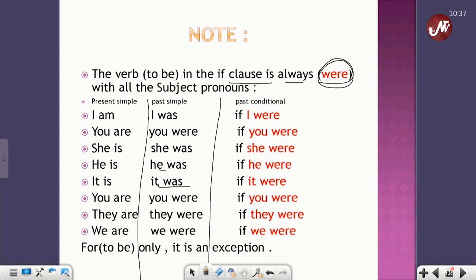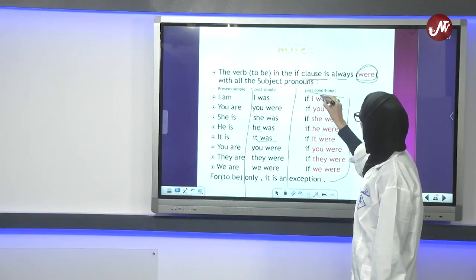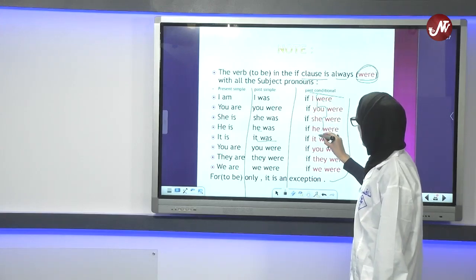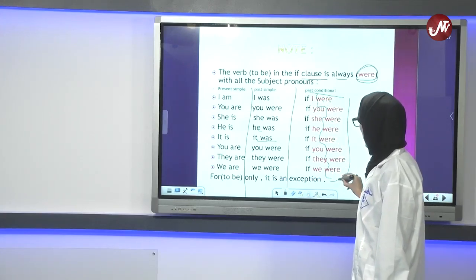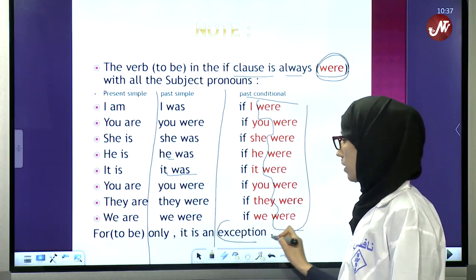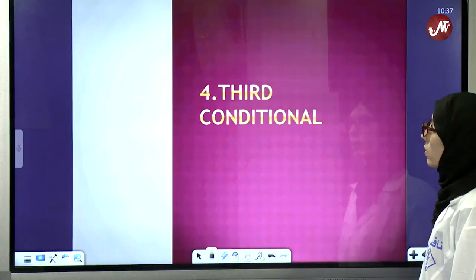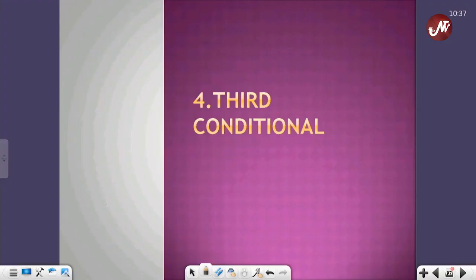But if we use the conditional, we say were. Here we always have were. We don't have any change, always we have were, so this is what? The exception. This is an exception. Okay, let's move to the third conditional.